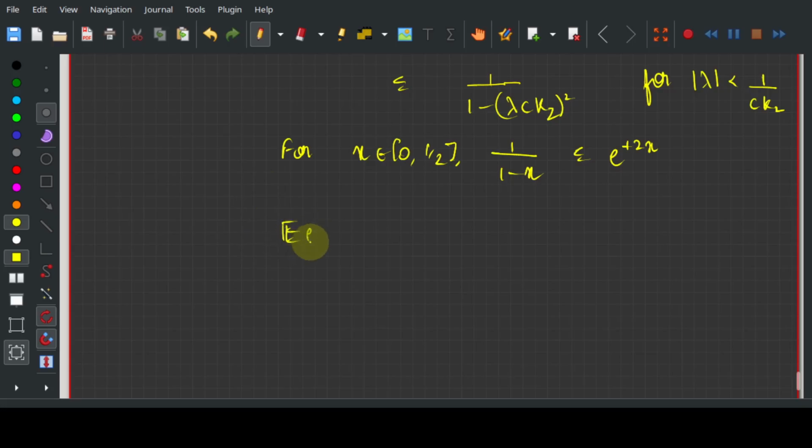So expectation of e to the lambda square x square is less than or equal to e to the 2 times lambda k2 the whole square, but only if lambda k2 absolute value is less than half.